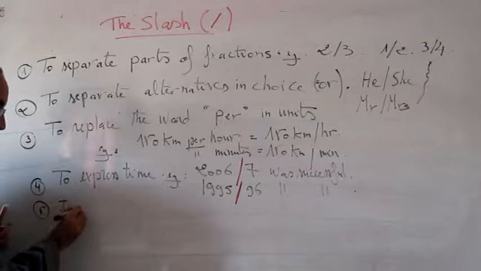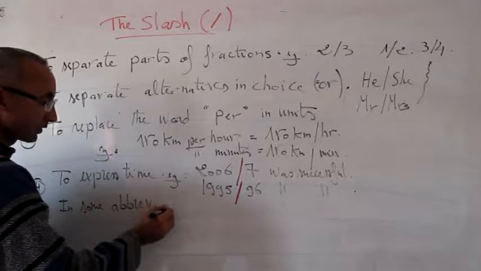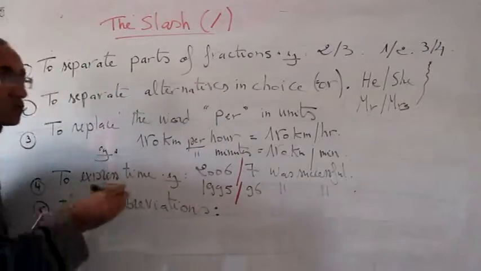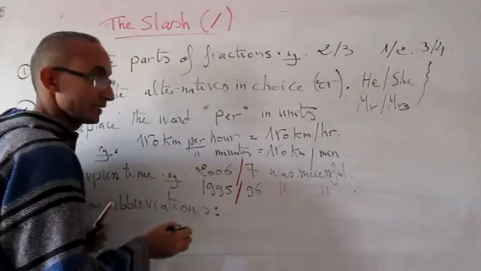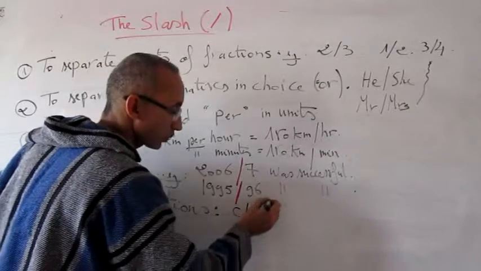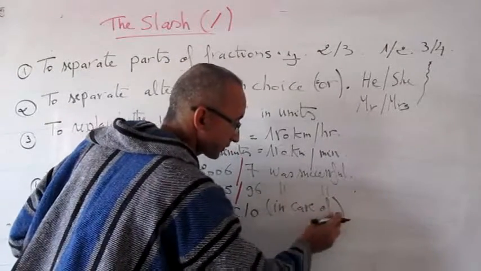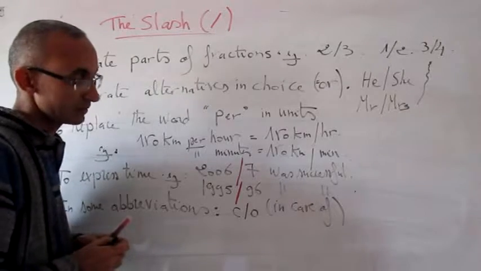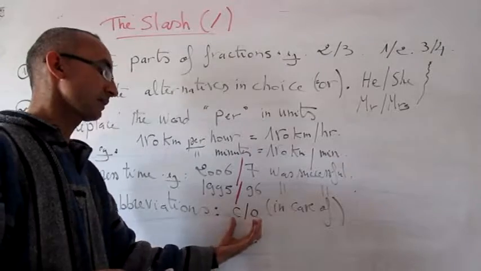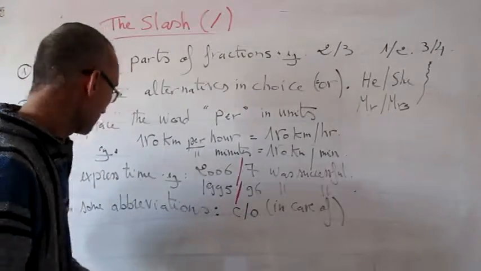Sometimes it is used in some abbreviations, for example, we have in care of, C/O, which means in care of. Here it is written in addresses of letters, to indicate a particular meaning. It's a form used in addresses.